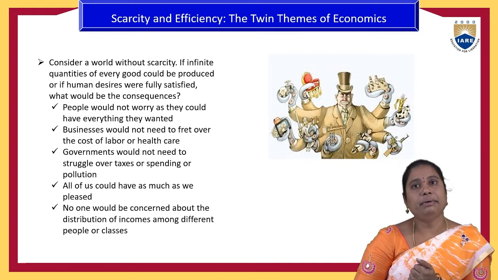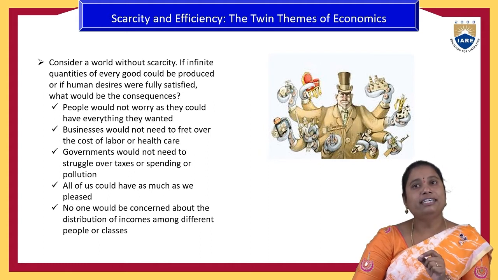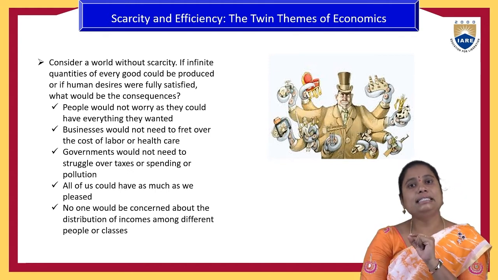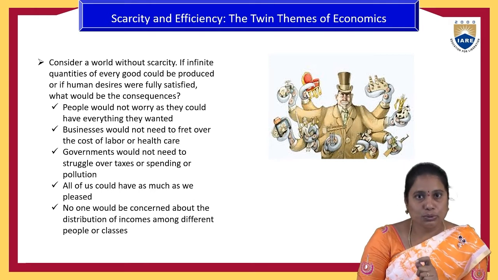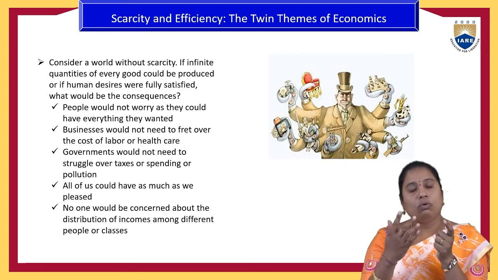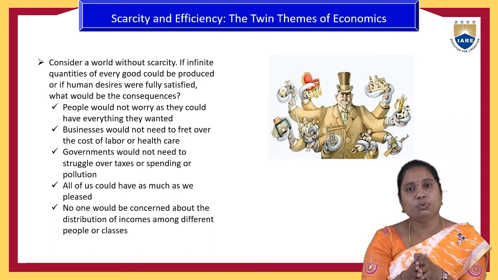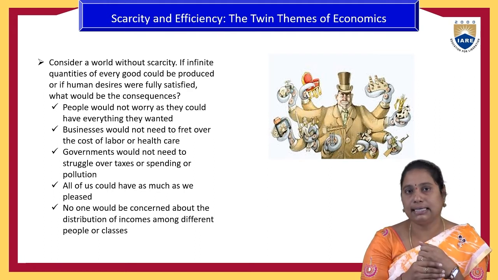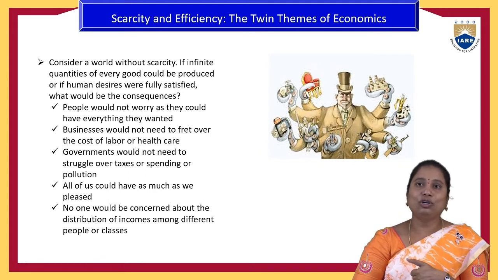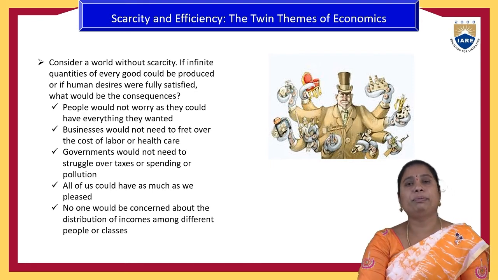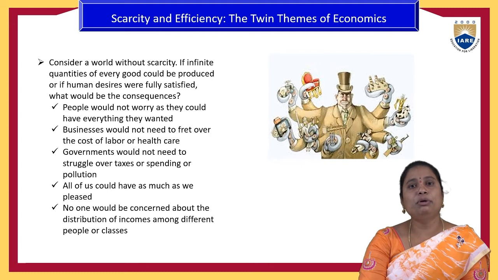For scarcity, we will assume a world without scarcity. Scarcity means limited resources. Whatever resources like water, air, all the basic needs or any resources we have, if we have a limited quantity of them, it is called scarcity. Assume a world without scarcity, where infinite quantities of every good could be produced or are available to human beings.